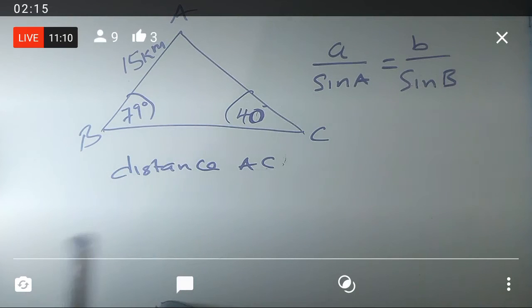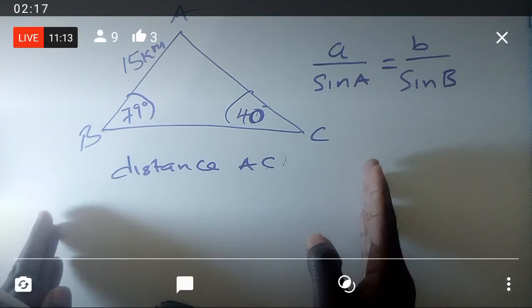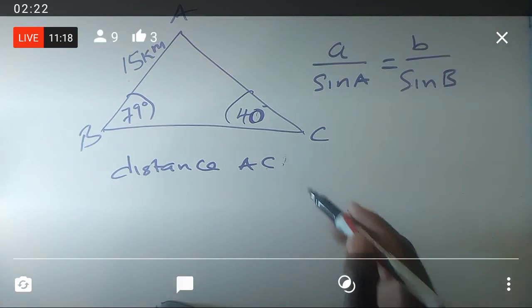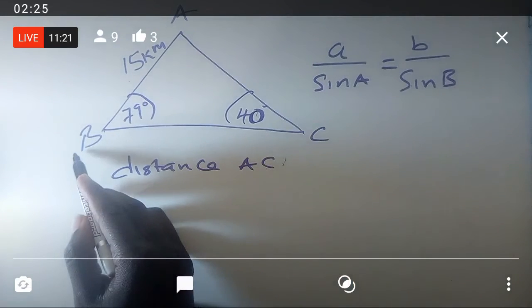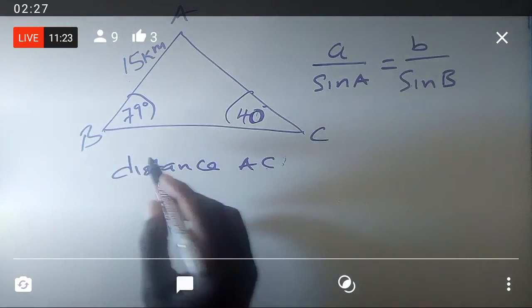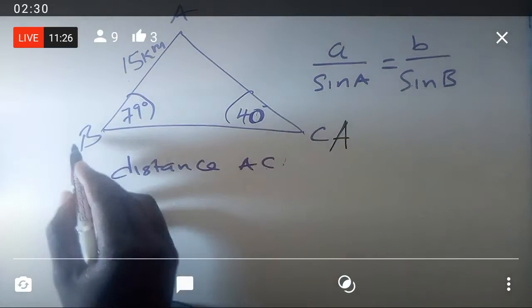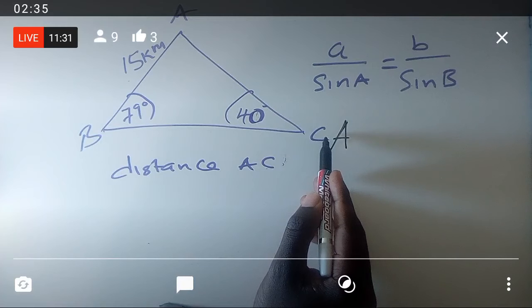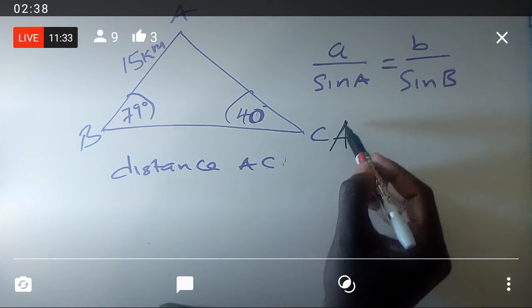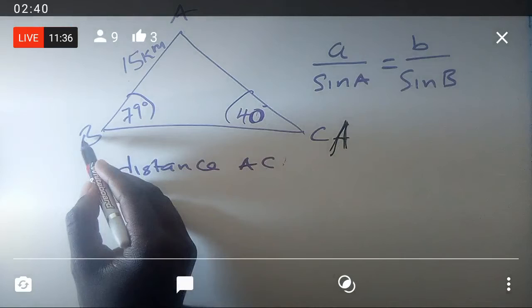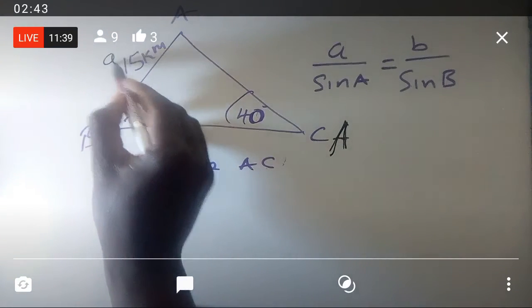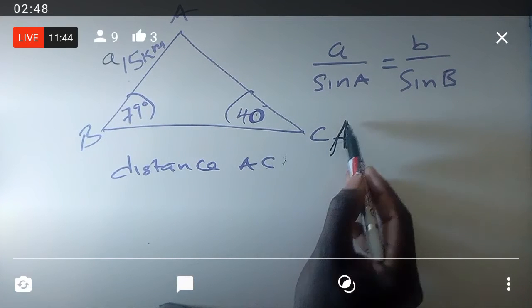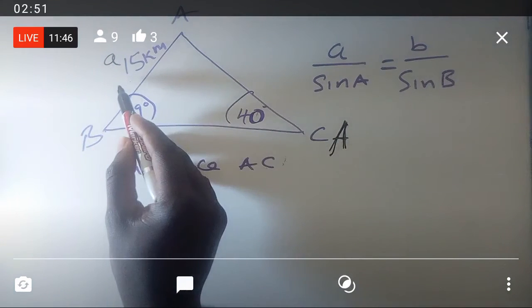Then what I do next is label according to the formula I've picked. Where there is an angle, I'll label this one A and this one B. The small letter a is opposite to this angle A. Capital A stands for an angle, small letter a stands for length.